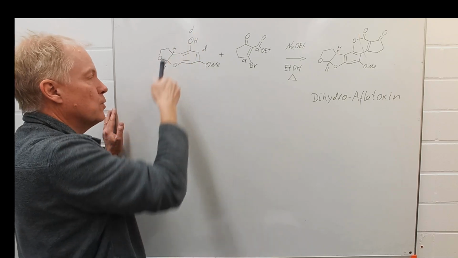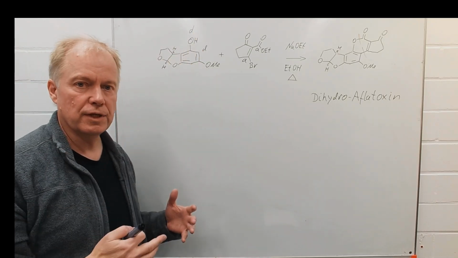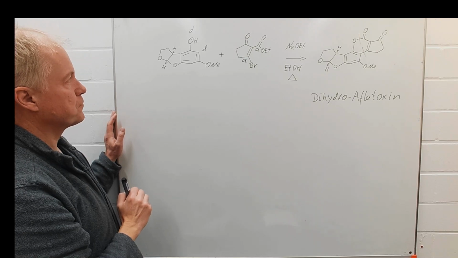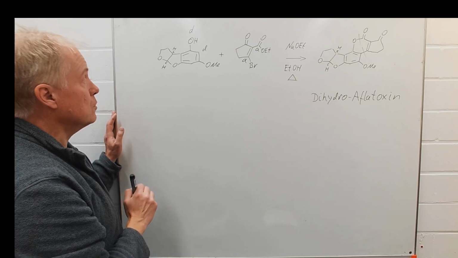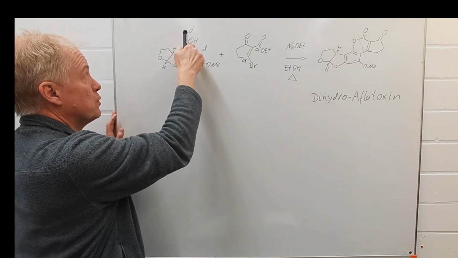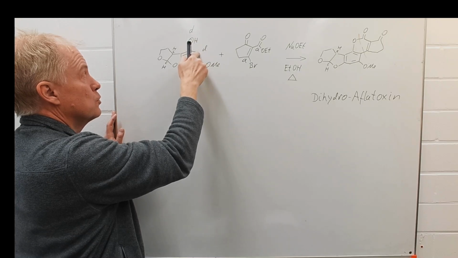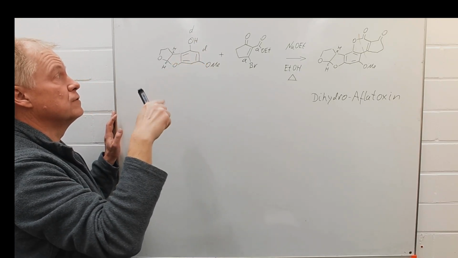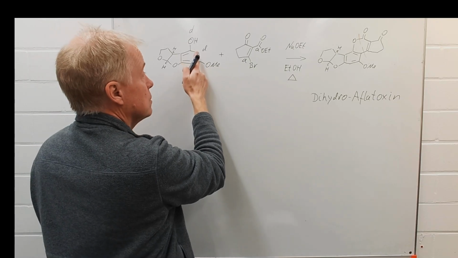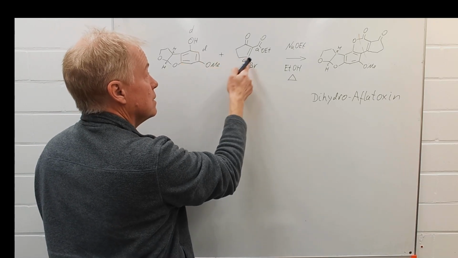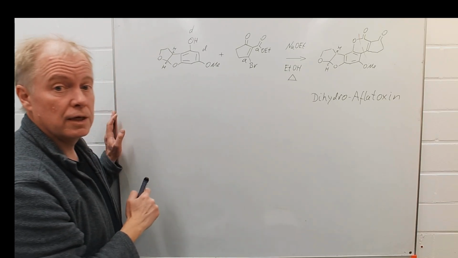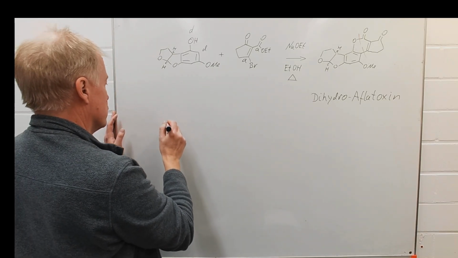Then we have a phenoxide, more electron density overall, more nucleophilicity. So let's have a look. This is deprotonated. The nucleophilicity of this position will even rise further, and then it attacks this one as a conjugate addition reaction in the first step.